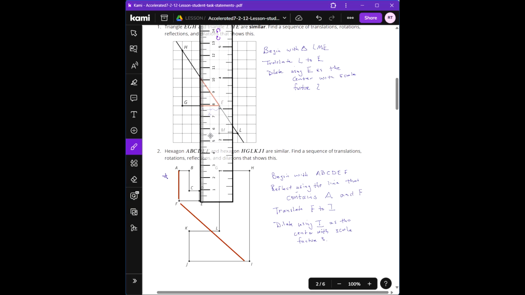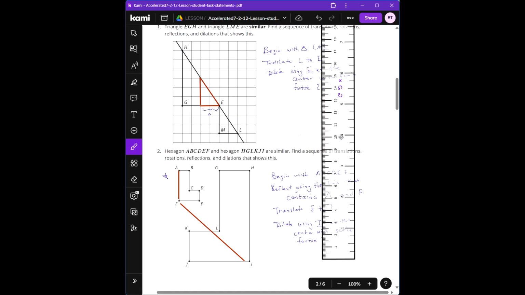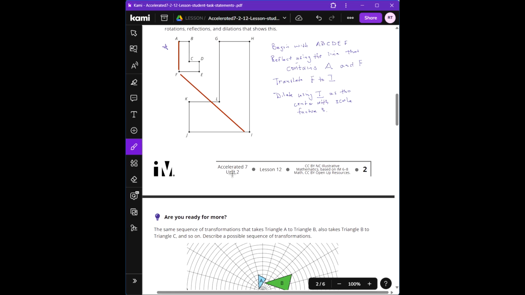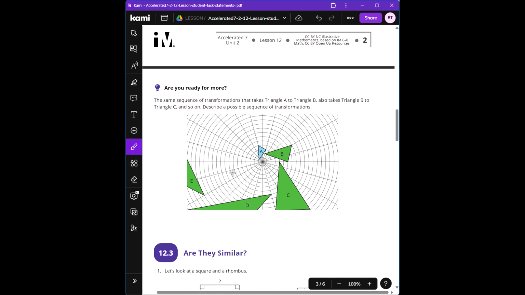It looks like it's about a centimeter, and when we come here, it's close to 3. Remember these scales are a little off, so you can get a little bit more precise. Your text is probably different than the digital version, okay? And so that's how we're going to do number 2. Or are you ready for more? We are not going to do that.